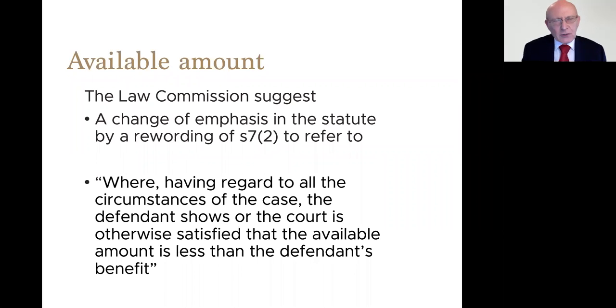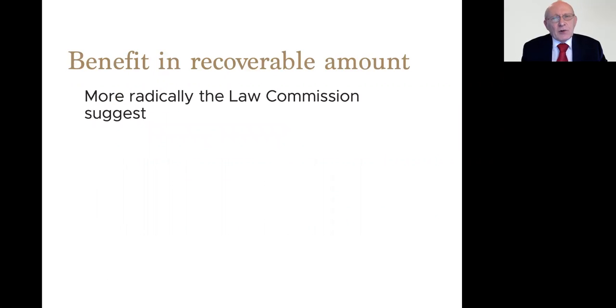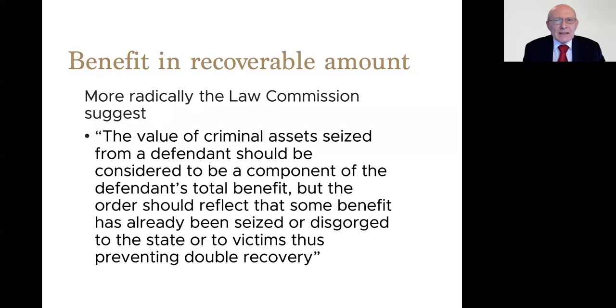And indeed, we're going to talk about drug traffickers a little bit more, because what they go on to suggest, rather more radically, is that the value of criminal assets seized from a defendant should be considered to be a component of the defendant's total benefit, as they are now.